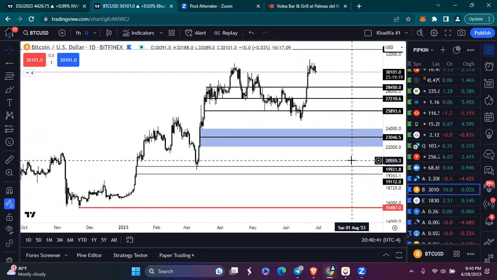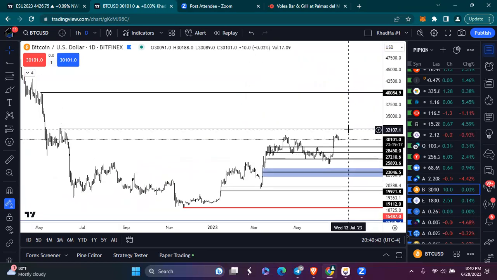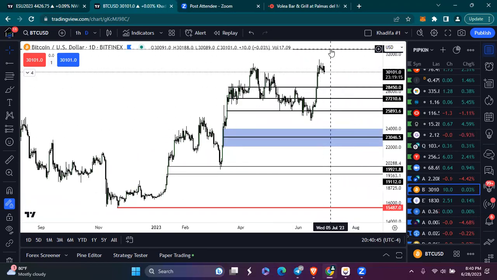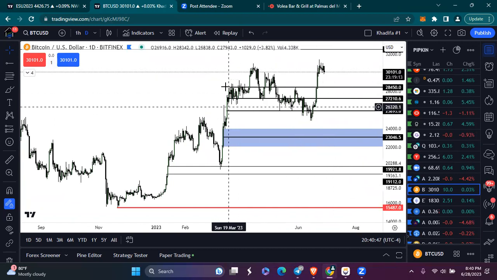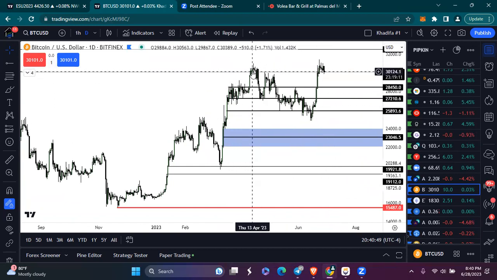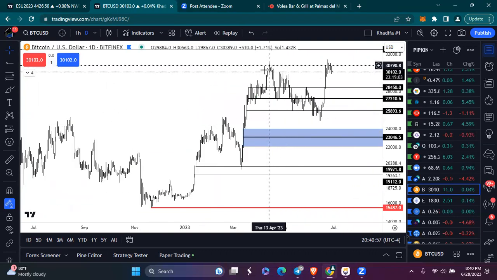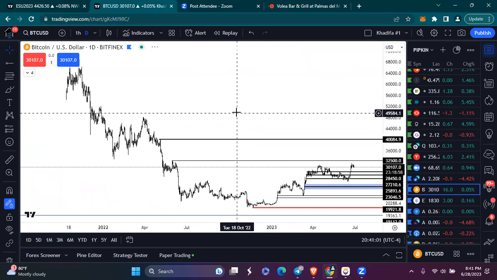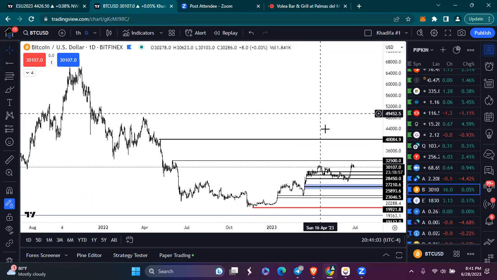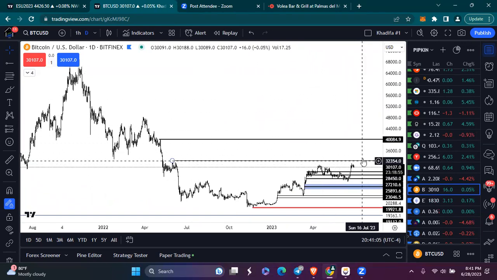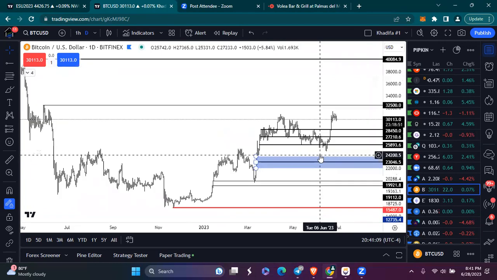If we push up above 32 hard, we may pull back down to this structure here at 30,500. I want to see a strong hold right there, that structure. If we hold that strongly, then I want to see us push up quickly to that next level at 40,000.